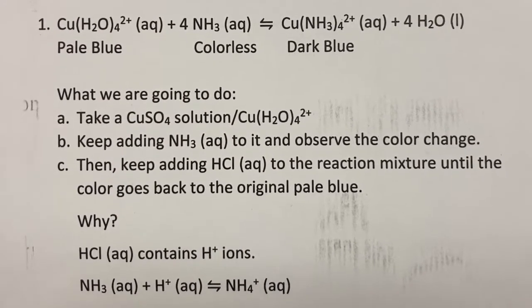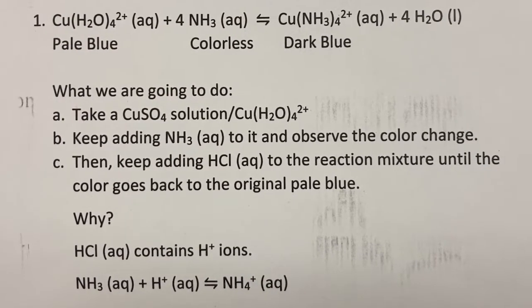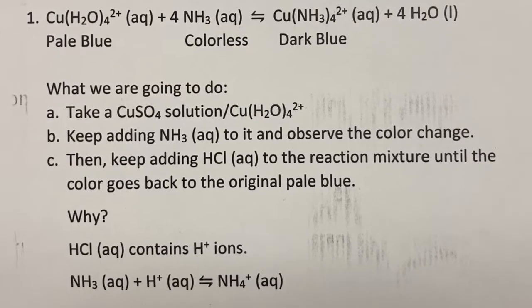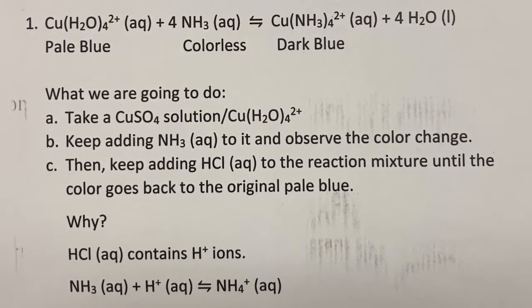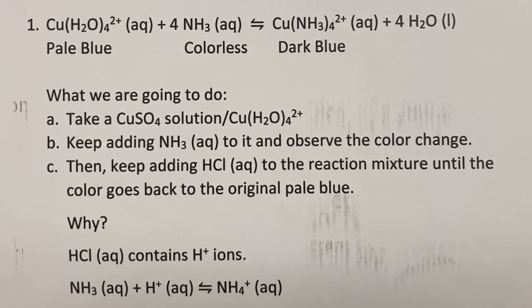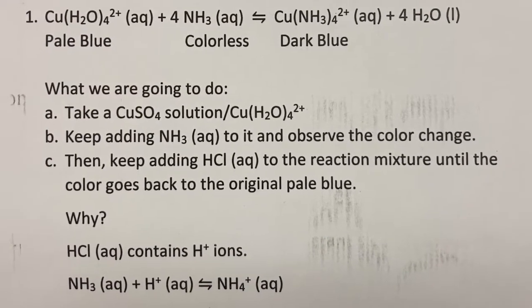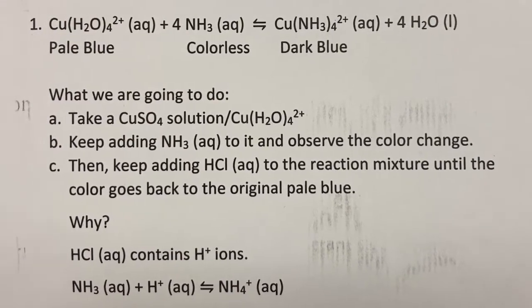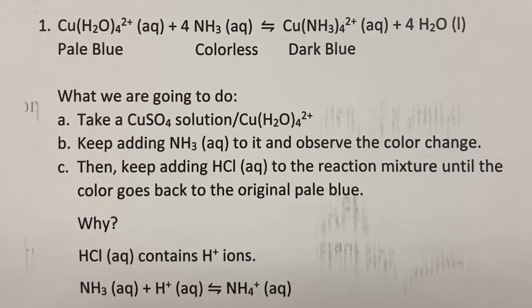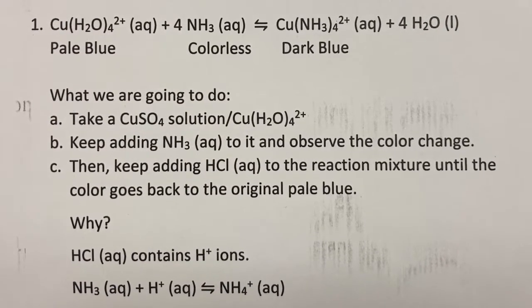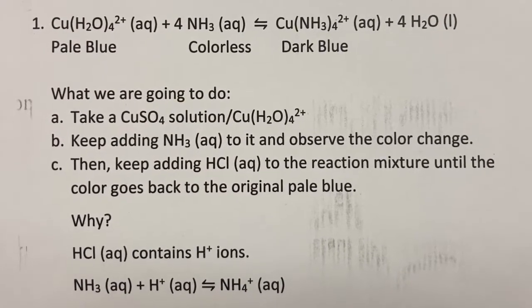Copper 2 ion reacts with ammonia molecules in the water solution. The ammonia will replace the water from copper, combine with copper to form a copper-ammonia complex and produce water. On the left, the copper 2 ion complex with water shows a pale blue color.